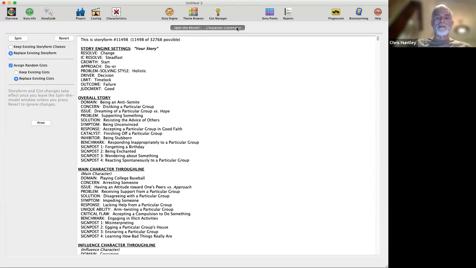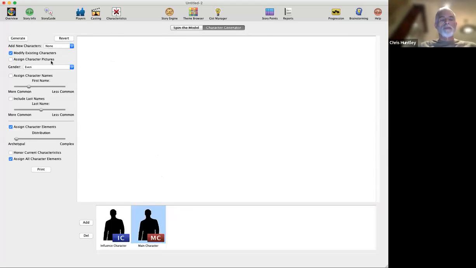And then I'll select the character generator. You can assign pictures or not, which I'll assign. You can add a random number of new characters, or manually up to 14. Let's do it random. For gender, you can say random, all female, mostly female, even, mostly male, or all male. I'll say random.